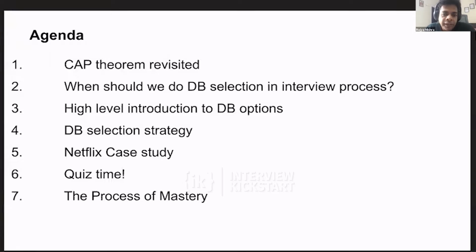Then we will see an approach for how we decide a database in an interview. There will be high level introductions to whatever data options we have available. Then we will have a case study on Netflix. We will have some quiz time and some advice from my side again.